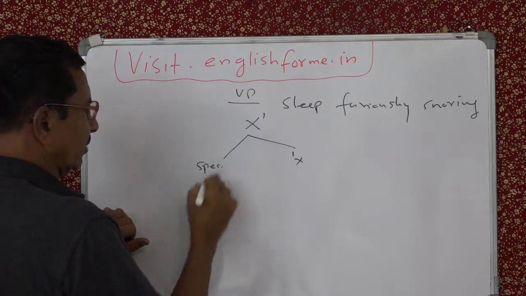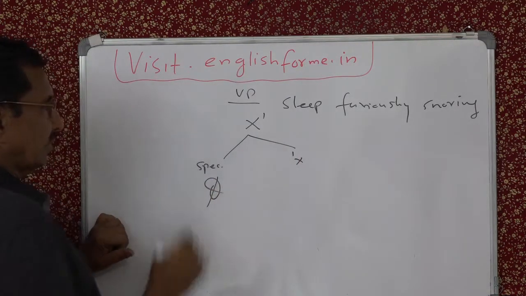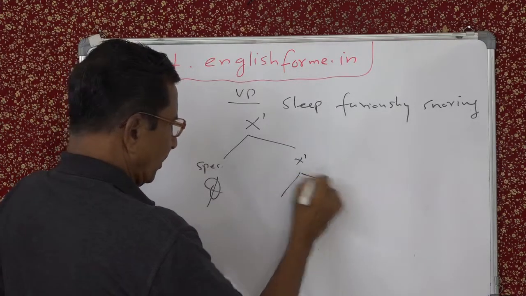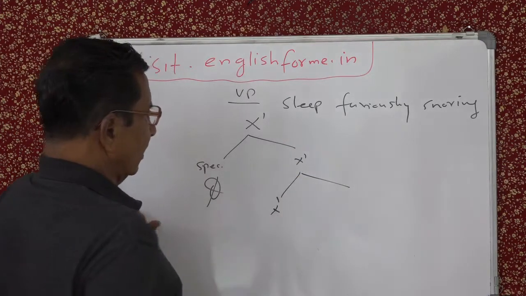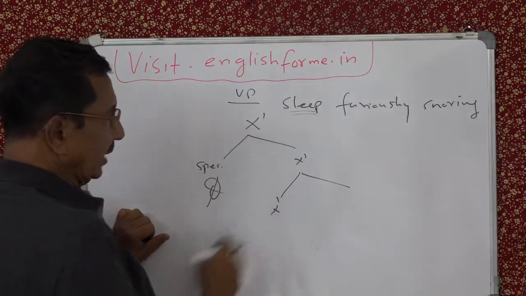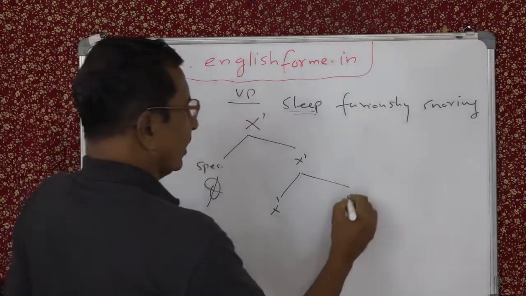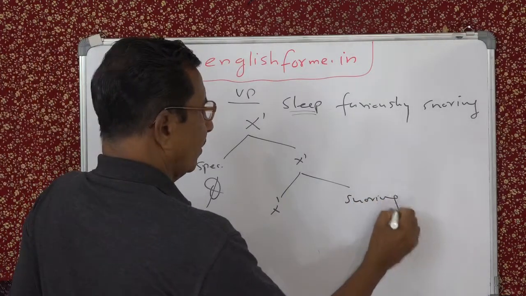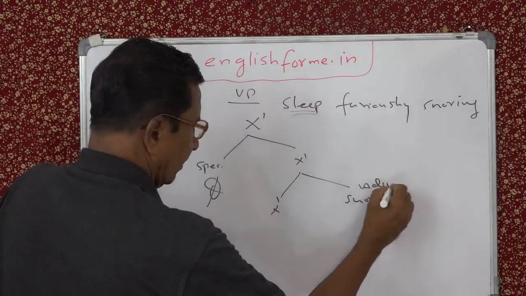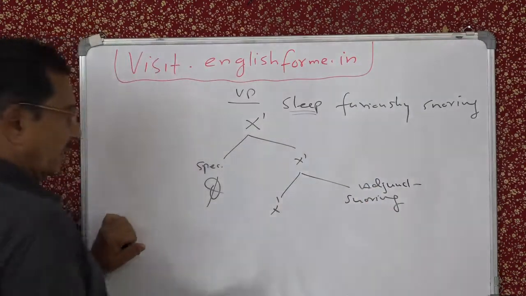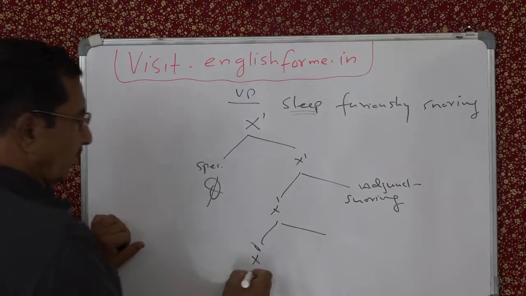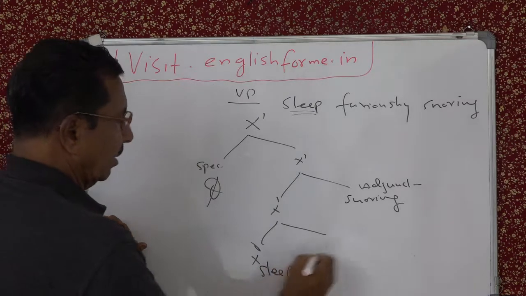No specifier, so nil specifier. And this is again one more projection. There still you are the head. We have not reached the head. This stands for the head. So you have snoring. That is the adjunct. Okay. And then again one more projection, X0. X0 means you have to write the head here. Sleep. Furiously.